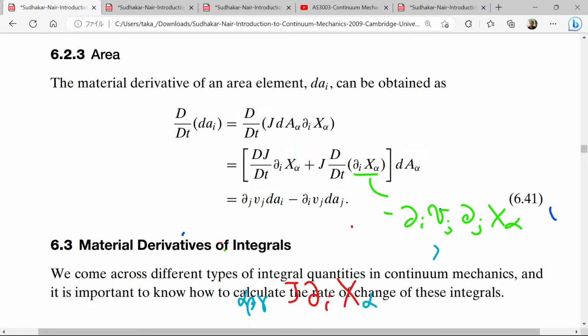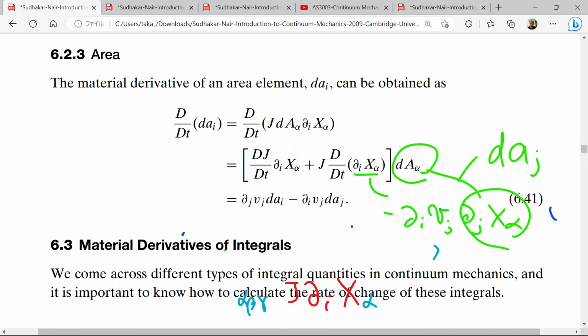So if you have this one, this thing times this thing. Okay, this combination gave d small j, and that's it.